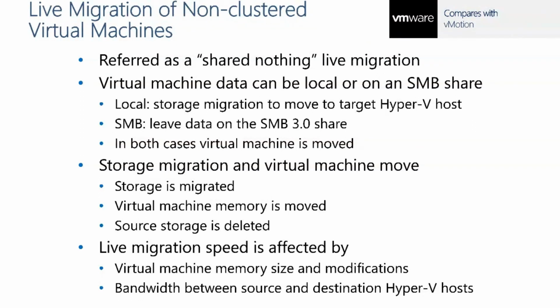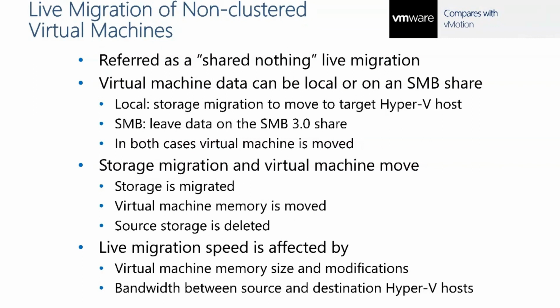If it's on the local storage, so on the Hyper-V host itself, you must use the storage migration to move it to the Hyper-V host that you want to go to. If it's on an SMB share, so it's shared storage, that's just Microsoft's preferred one. You can leave the data on the shared storage, which is what we used to do with vMotion. We leave it on the shared storage. We move the execution to different hosts.